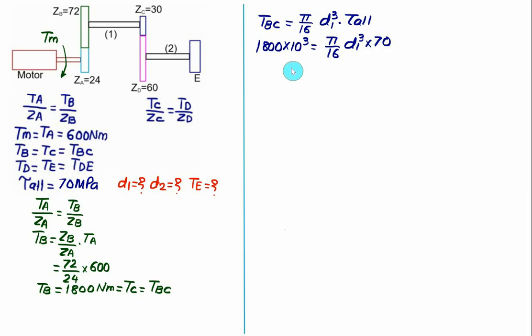From this we will get the diameter D1, which is the minimum diameter, equal to 50.8. Any diameter above 50.8 will safely have the shear stress less than 70 megapascal.